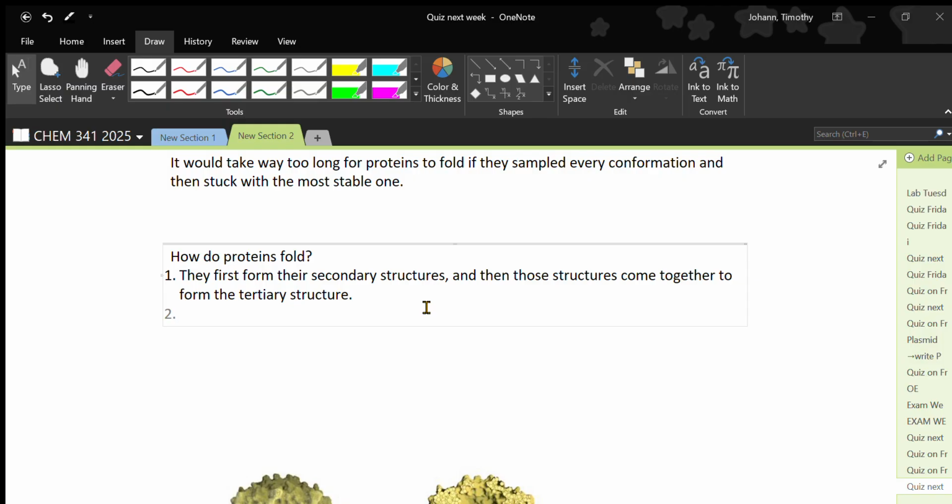Another theory out there is that all the hydrophobics get on the inside and the hydrophilics are on the outside. That's called a molten globule. And then they settle down into the final structure.